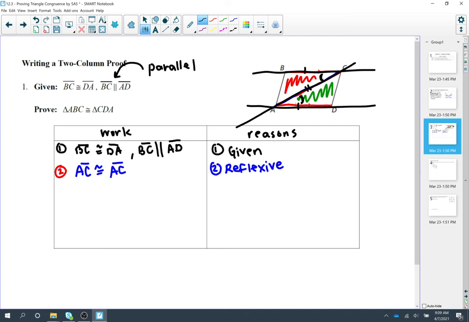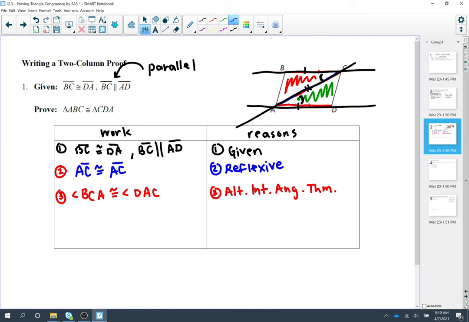And we know that alternate interior angles are congruent, so in step 3, I can say that angle BCA is congruent to angle DAC because they are alternate interior, and that is the alternate interior angle theorem.